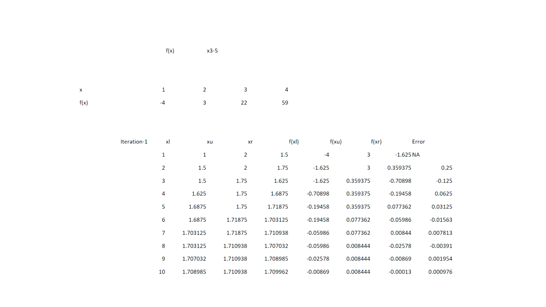If the sign of f of xr is similar to the sign of f of xl, then xl will be replaced, and if it is similar to xu, then xu will be replaced in the new iteration. That is how the computation of this method is done. This is the way we can find the roots of a function using the bisection method. Thank you.